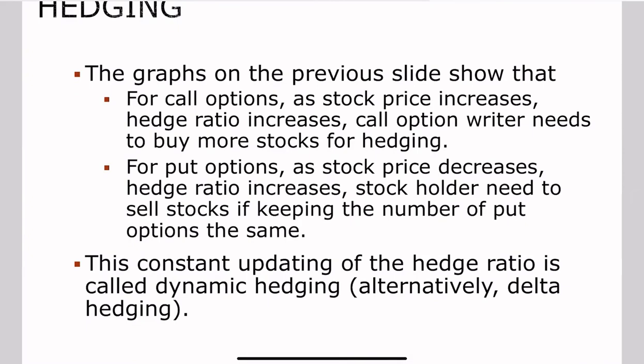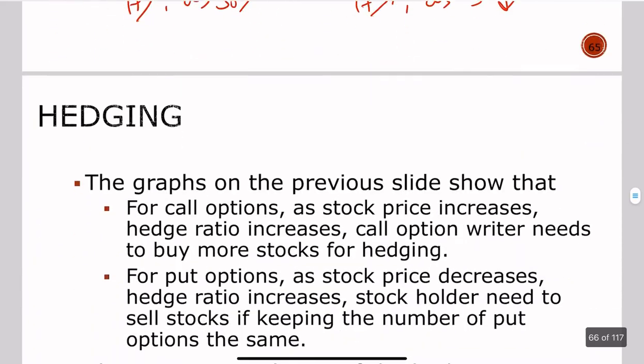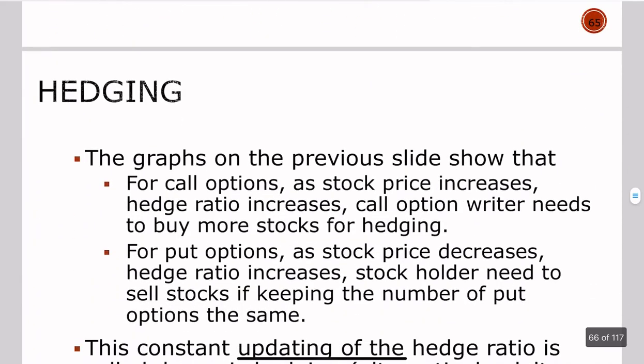Okay, now let's see what kind of implication you can get from these two pictures. So first you can see that for call options, stock price increases, hedge ratio increases. Now remember we discussed this example of call option writer.